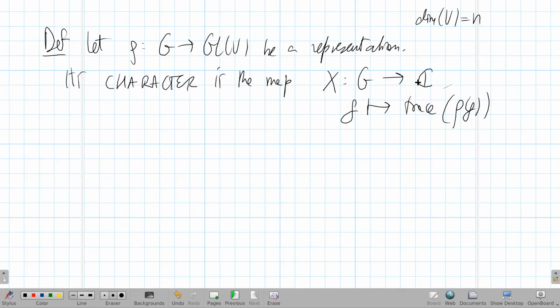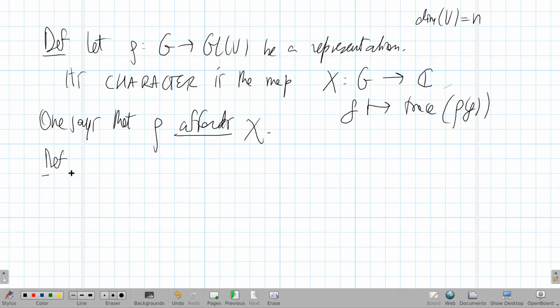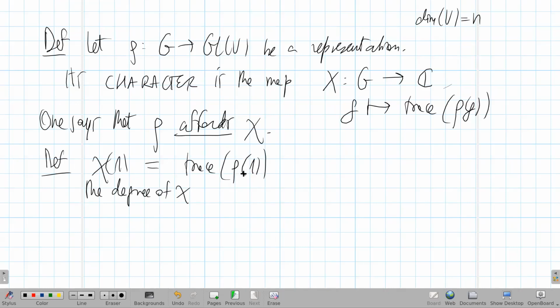Another notation: one says that rho affords chi, so gives rise to chi. There are a couple of things to say. Chi of 1 is called the degree of chi, of the character, and what's this? This is the trace of rho of 1. But what's rho of 1?